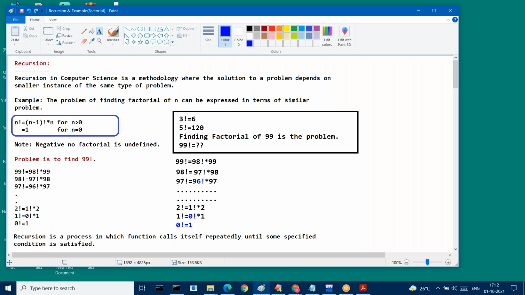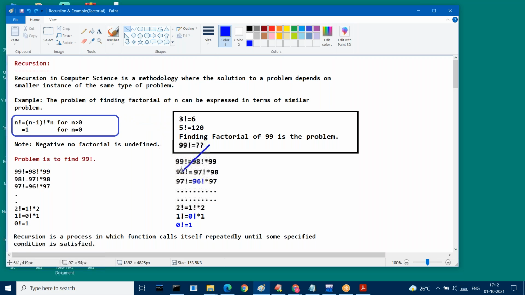So what we have done here to get the solution to the problem? What is your problem? Finding factorial of 99. To get the solution to this problem, it depends on a smaller instance of the same type of problem.